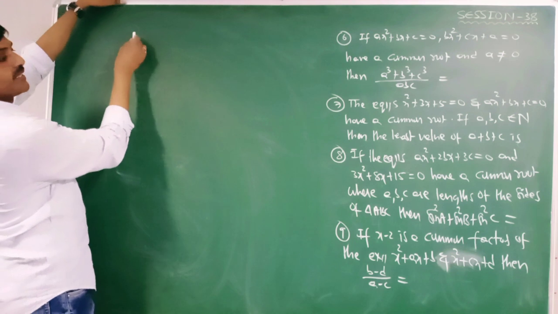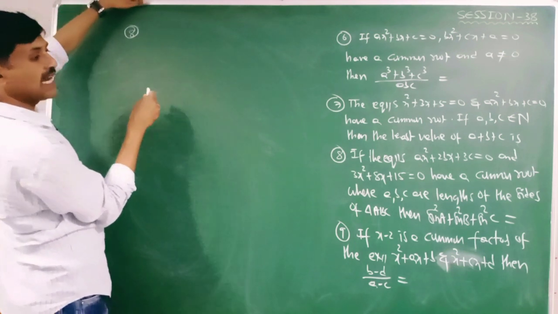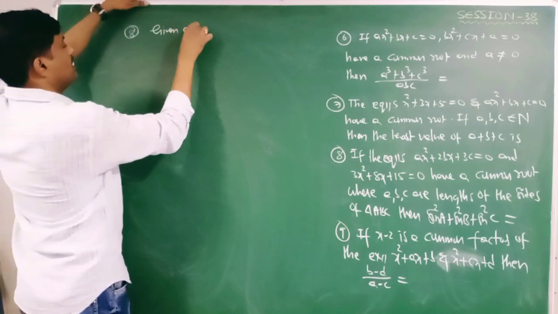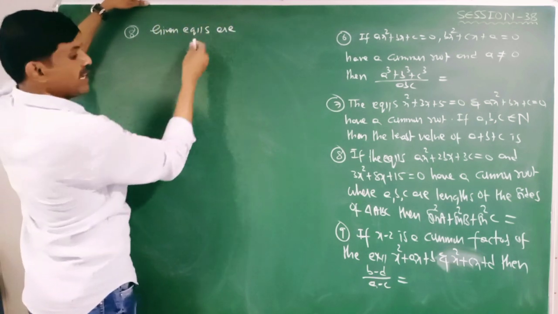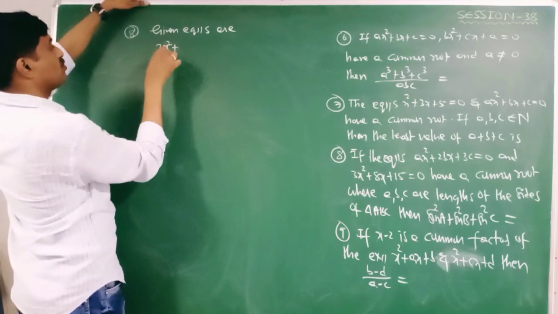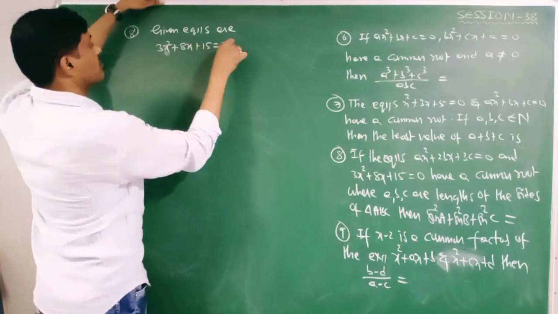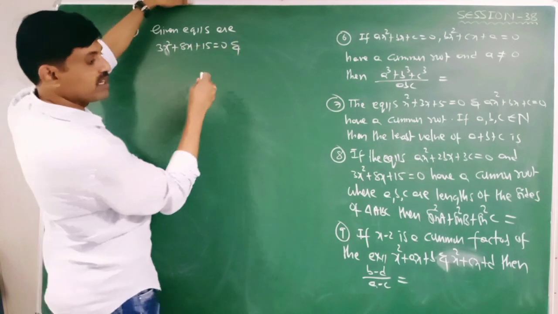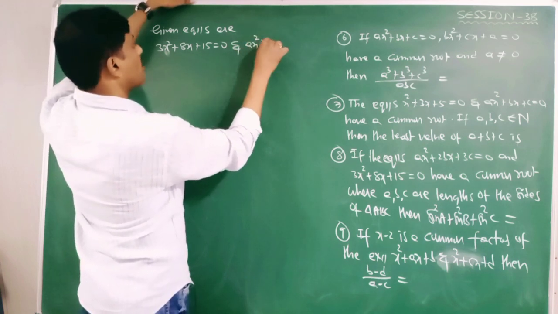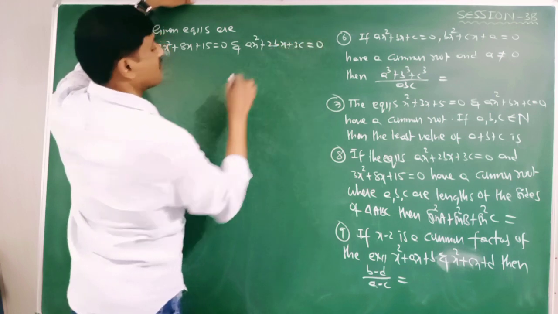On to the next question, which is the 8th question. If the equations have a common root, here also the same. The given equations are 3x square plus 8x plus 15 is equal to 0, and the next one is ax square plus 2bx plus 3c is equal to 0.